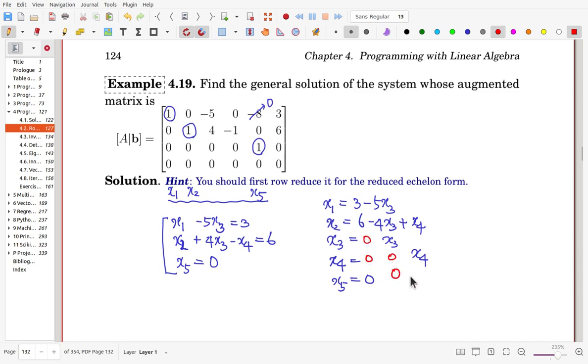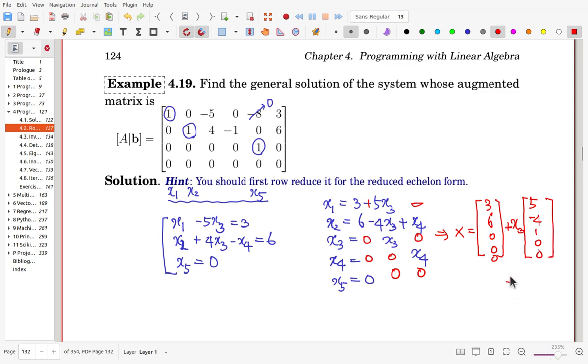So x, which is x1 to x5, is the same as a constant vector 3, 6, 0, 0, 0, plus, along with free variable x3, the direction vector 5, minus 4, 1, 0, 0, and we have one more free variable, plus x4, with the direction 0, 1, 0, 1, 0, right?